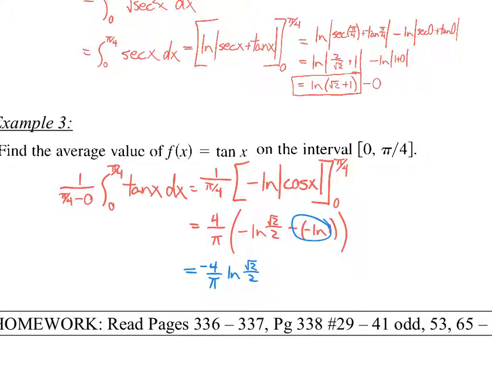I could, if I wanted to, bring the negative in as an exponent, making it a negative 1 power. So I could rewrite this as 4 over pi times the ln of root 2 over 2 to the negative 1, which is 2 over the square root of 2. And what does that equal?